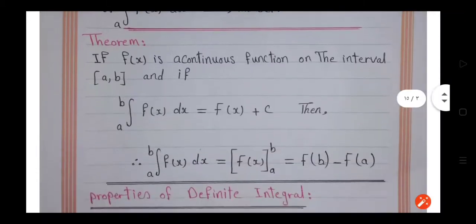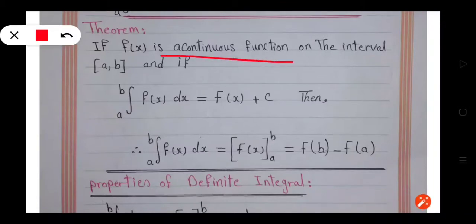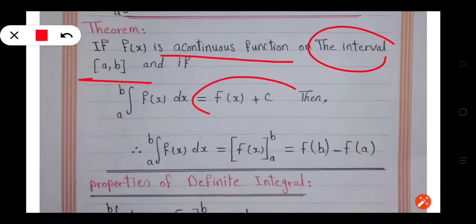Theorem 1. If f of x is a continuous function on the closed interval a and b, then we can say that the indefinite integral gives F of x plus constant. But definite integral gives us a value, not a variable. It doesn't depend on x.